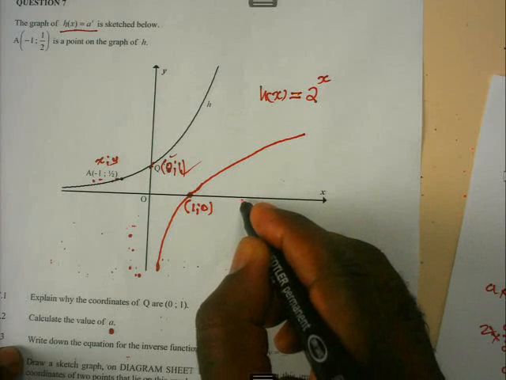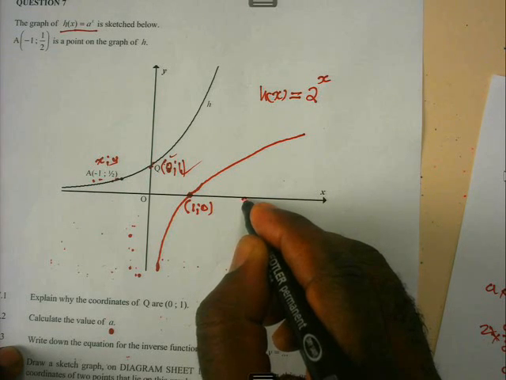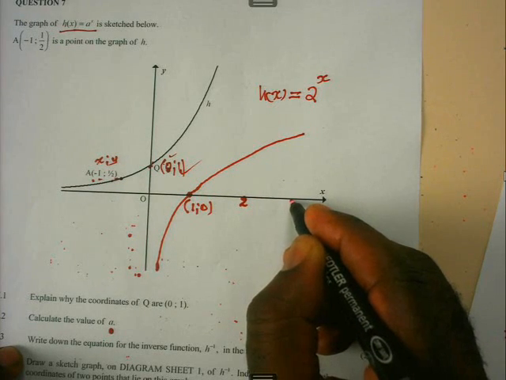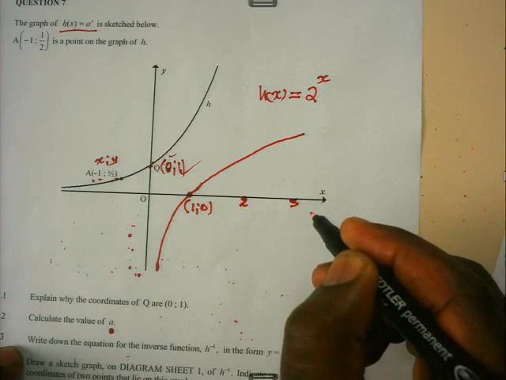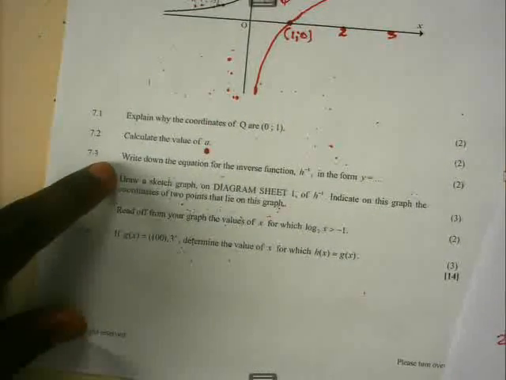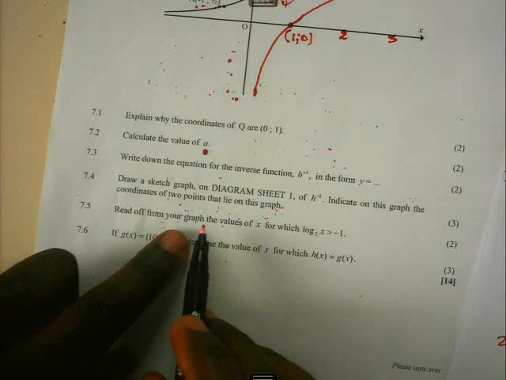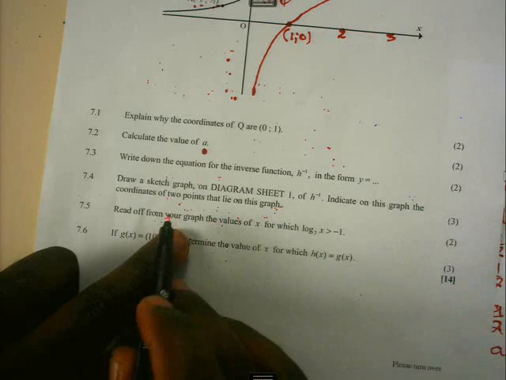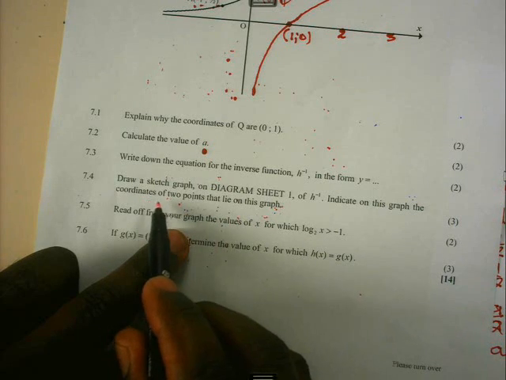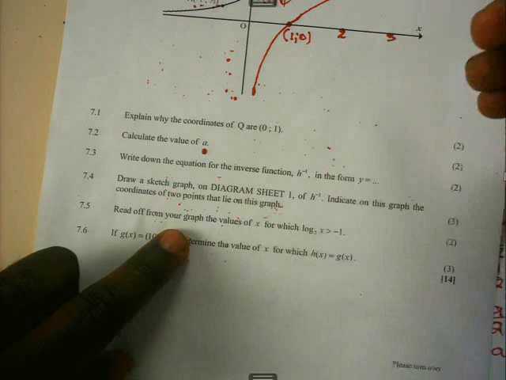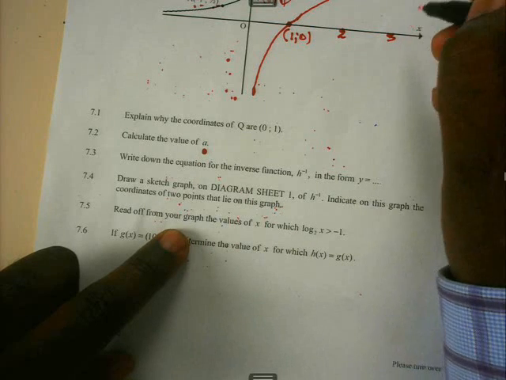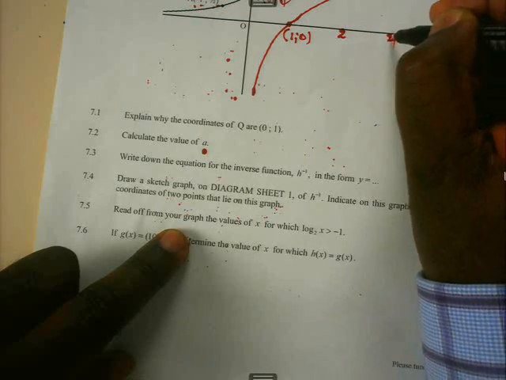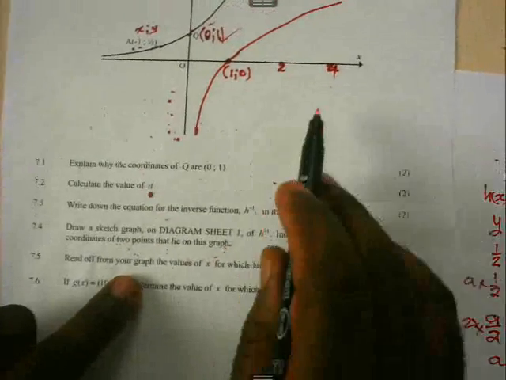Maybe we can take it further to say the value of x at this point is 2, and the value of x at this point is 3. Why am I doing this? I want us to understand that this question will always request the coordinates of 2 points that lie on the graph. This time it says 2 points which lie on the graph. Maybe I can have this as 4, because this was not drawn up to scale.